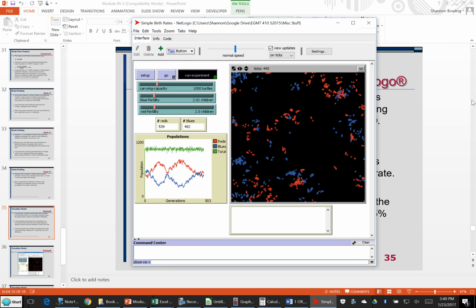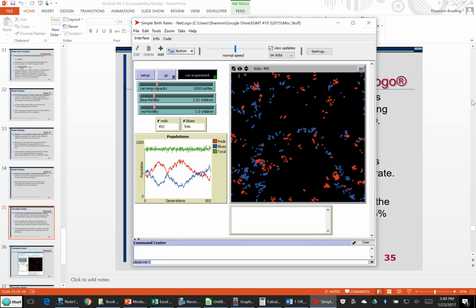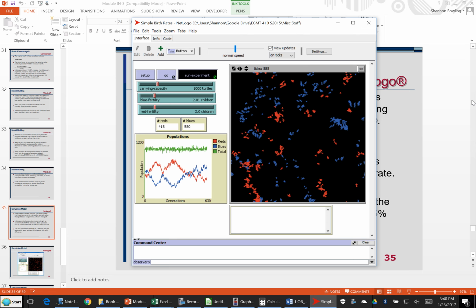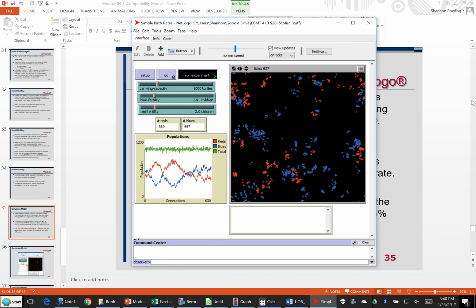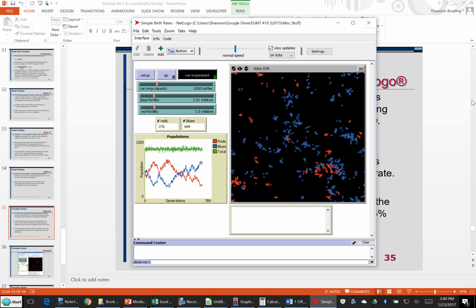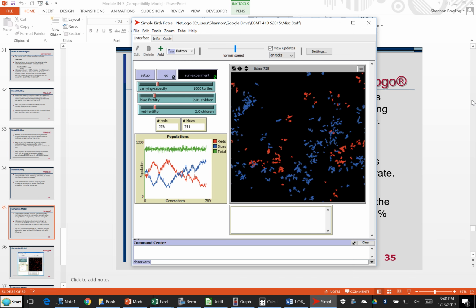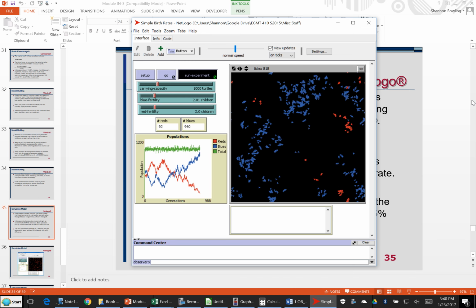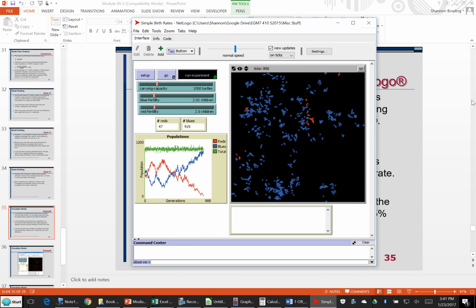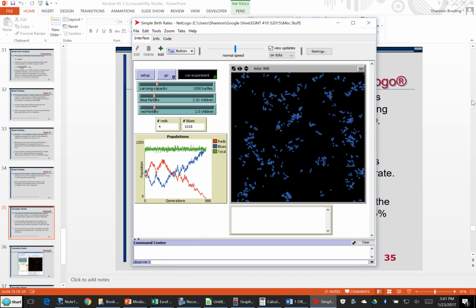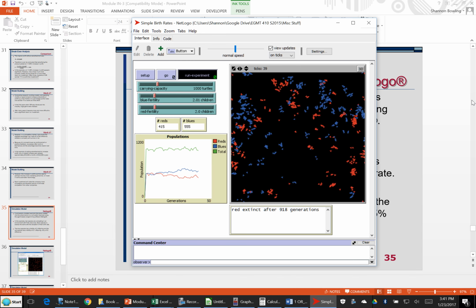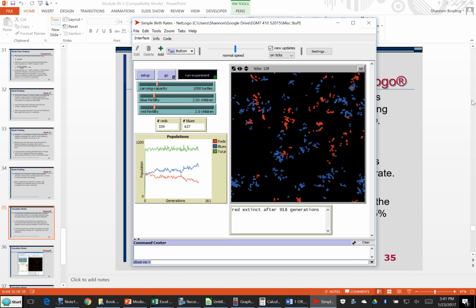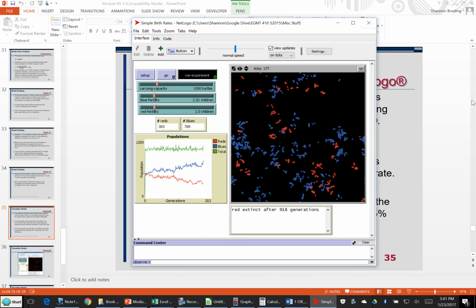But in general, what you will see is most of the time the blue, because it has a very slight competitive advantage over the red, will have a tendency to win. And you see the reds slowly tending towards zero. It took about 918 generations that time for it to win. Looks like it's probably going to win a little bit quicker this go around, but we'll see.